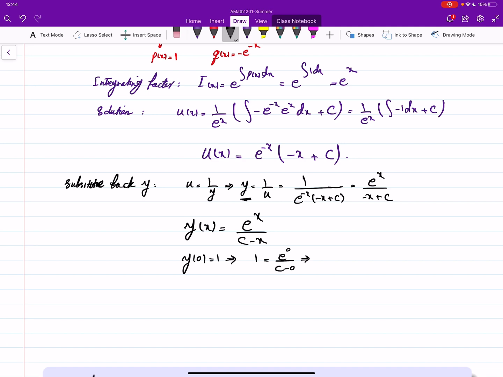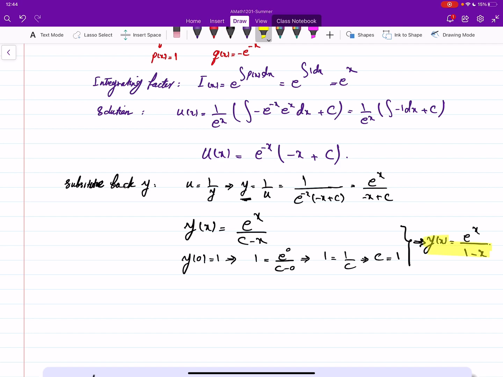So that means that 1 is equal to 1 over c. That gives me the value of c. So combining these two, now I have the solution for my initial value differential equation given by this.